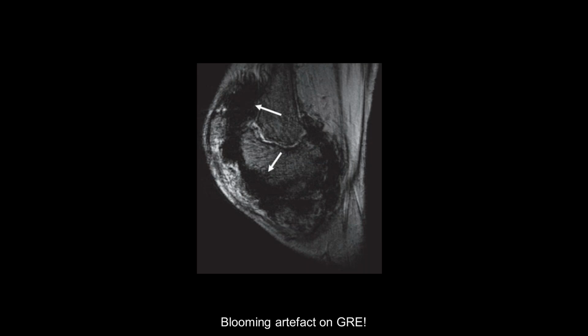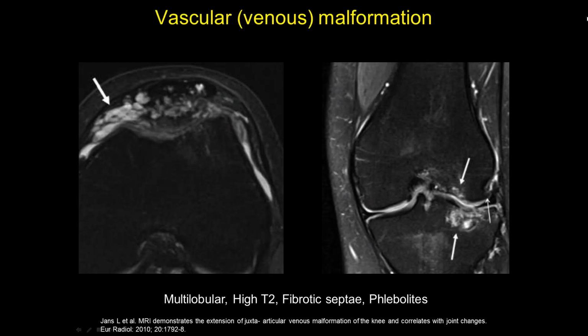Good, and then obviously, because of the hemosiderin deposition, we can see the blooming artifact, which we all know quite well on the gradient echo images, like is really nicely depicted here. So the big black spots of blooming artifacts.